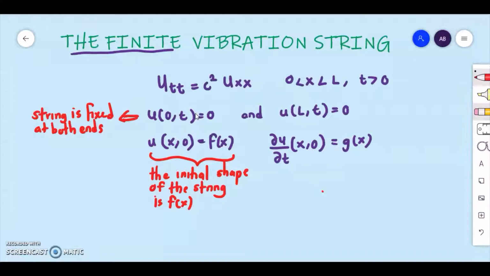Let me explain furthermore: when time is 0, you get f(x) here, which is the initial string displacement. Because we have a derivative here, this is the initial string velocity.